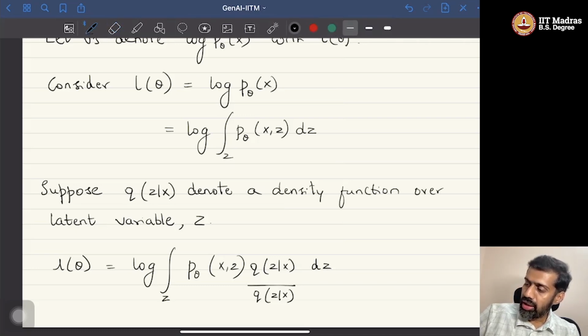Let's say that q of z given x is a probability density function over the latent variable z. Since it is a probability density function, it is always non-negative by definition.